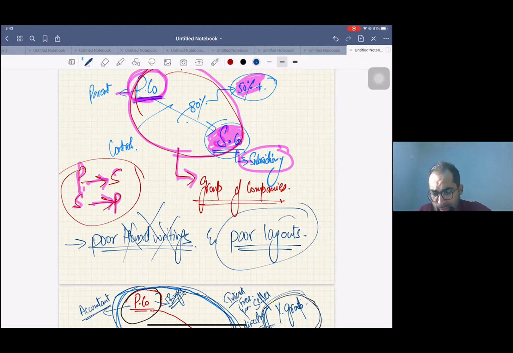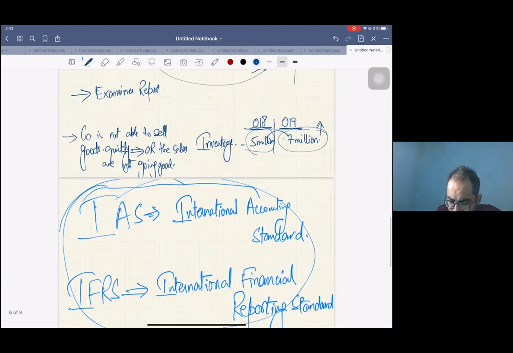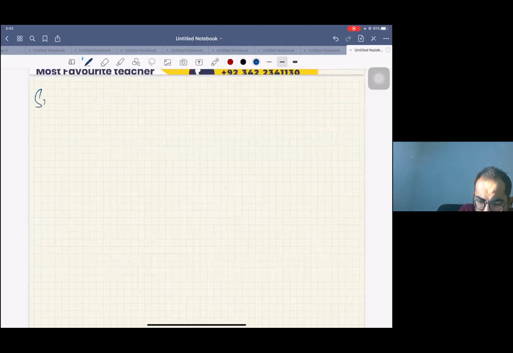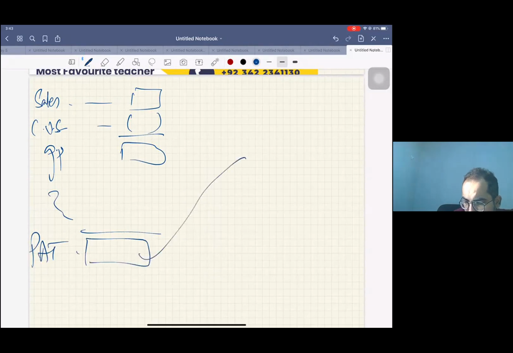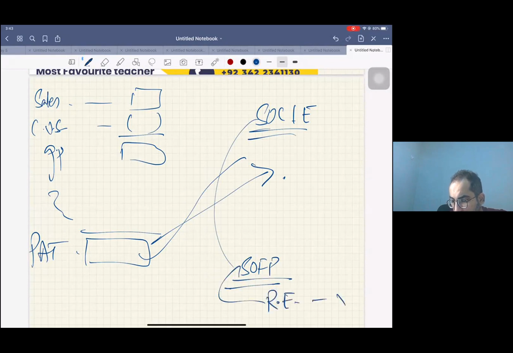One more thing, let me give you an example. When you used to do manual working, for example, this is your income statement: sales, cost of sales, gross profit, and so on, down to profit after tax. This profit after tax goes into the statement of changes in equity, and then finally the closing retained earnings figure goes into the SOFP.